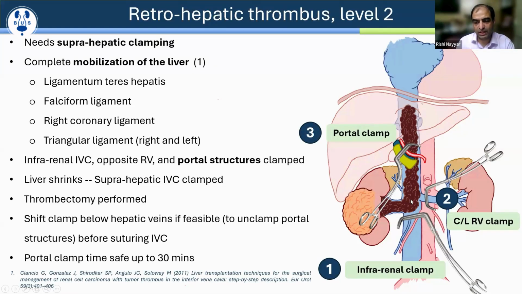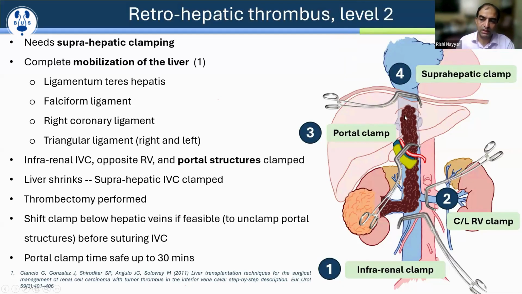And when we isolate this segment and make a cavotomy, the bleeding is not going to be there. And then finally, the fourth clamp is going to be above the level of the thrombus. This is the suprahepatic clamp, where you are going to mobilize the IVC above the level of the thrombus and above the level of the upper border of the liver, below the diaphragm.